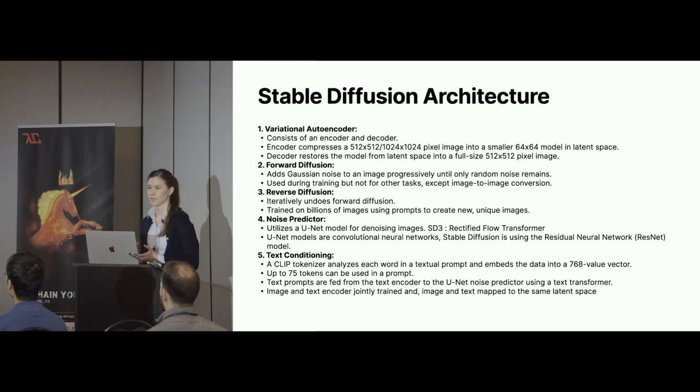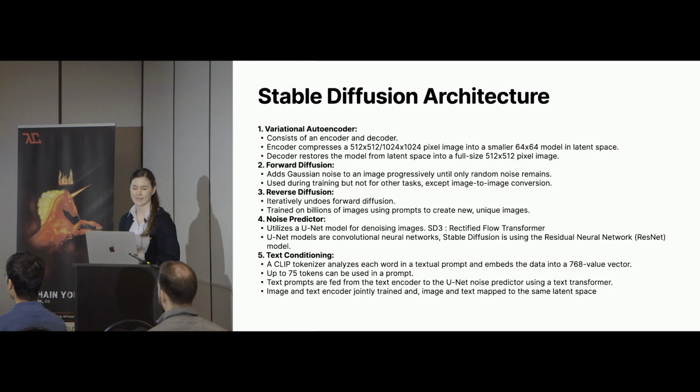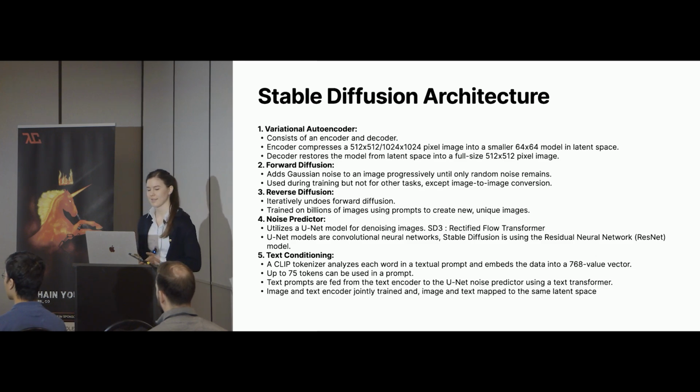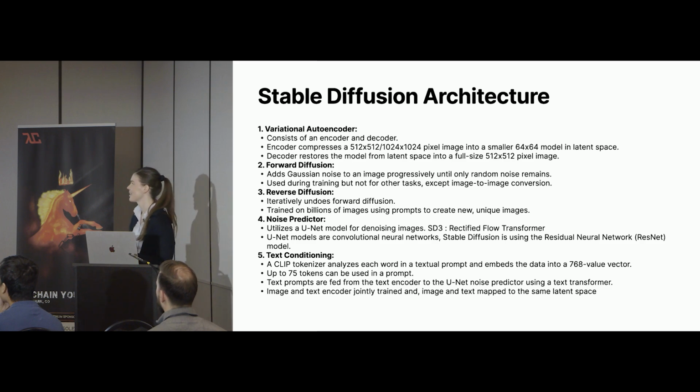This is used only during training. The reverse diffusion undoes the forward diffusion, and this is what we are actually using. It's been trained on billions of images using prompts to create new and unique images.